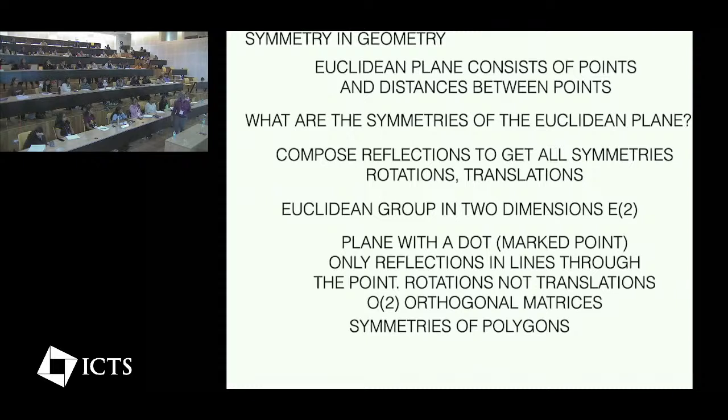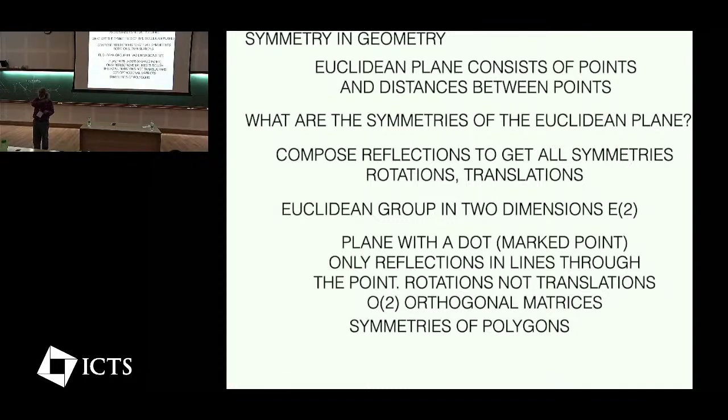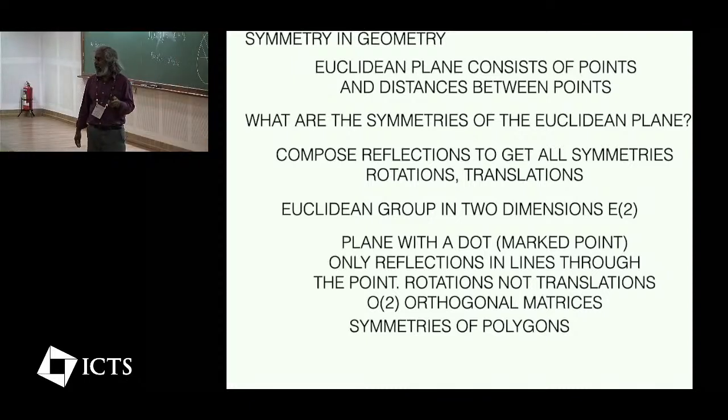And we can think of reflections. If I take any straight line on the plane, and reflect about that line, that does not change any distances. So reflections about any line in the plane is a symmetry of the plane. Now, what is nice about reflections? I'm sorry? Inversion, yeah.